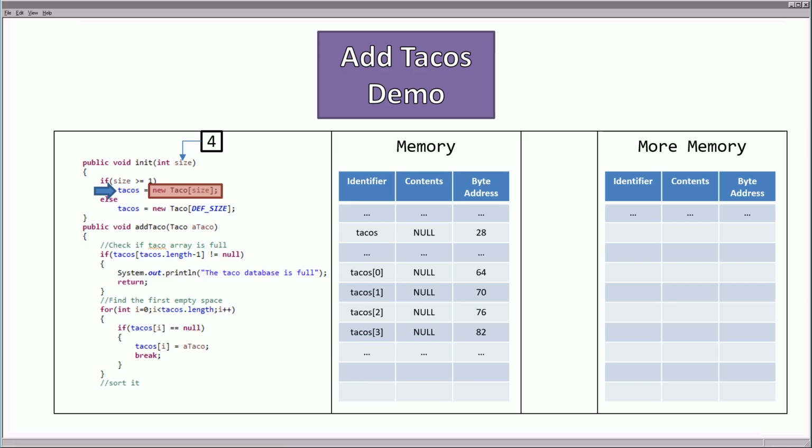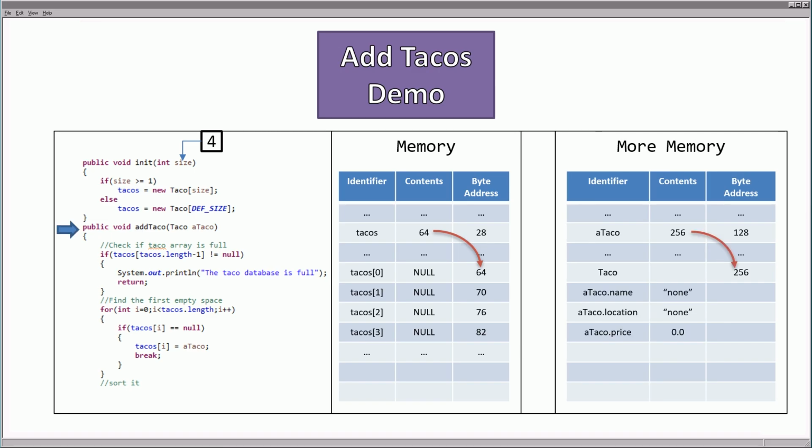Now, once the memory has been allocated, we have to assign the memory address to the identifier tacos. So in fact, you can think of the identifier pointing to the first element right there. Now, we're going to add tacos to this array.